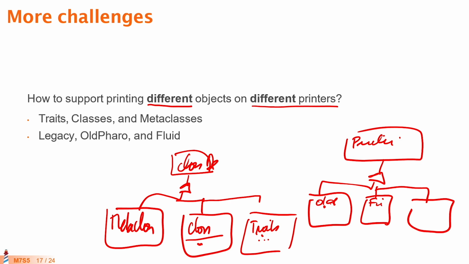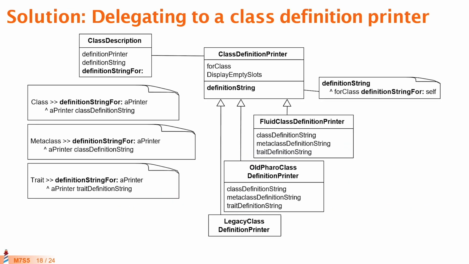I think that normally you should have an idea now. This is like if we need to select one method based on two things. So the solution here is double dispatch. Let's look at it.